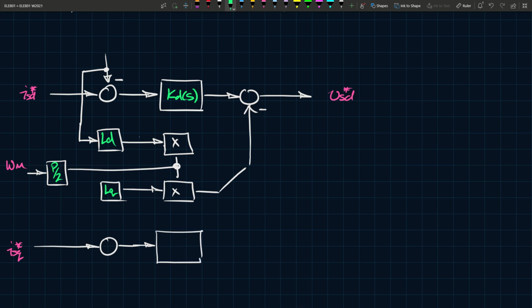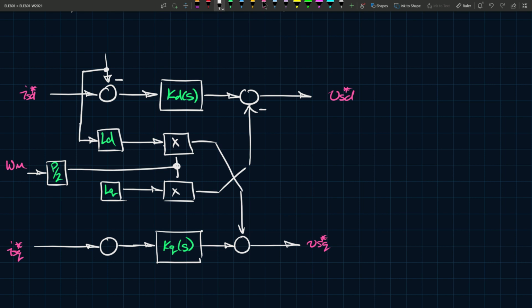So here you would have KQS, and the output of this would be added there, and then the output of that is VSQ star, and this would go down like that. Again, feed forward terms.